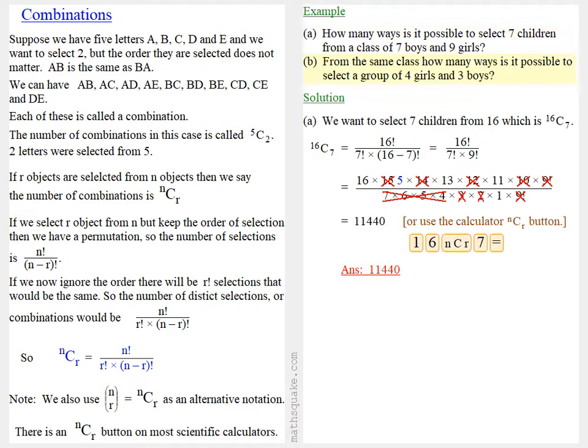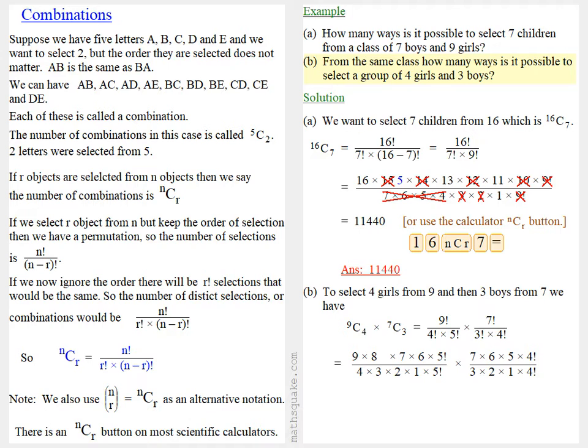Now in part B we're asked, from the same class, how many ways is it possible to select a group of 4 girls and 3 boys? To select 4 girls from 9 and then 3 boys from 7, we have 9C4 times 7C3. Now we can work this out straight on a calculator, or we can write out this is 9 factorial over 4 factorial times 5 factorial times 7 factorial over 3 factorial times 4 factorial.